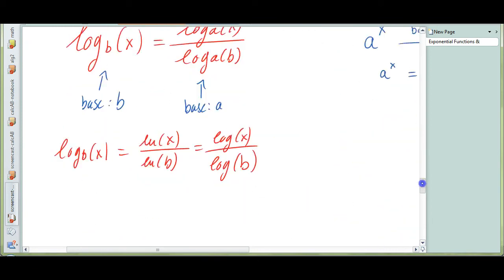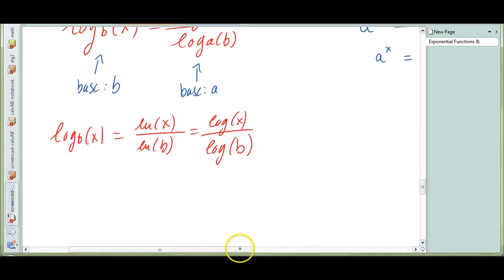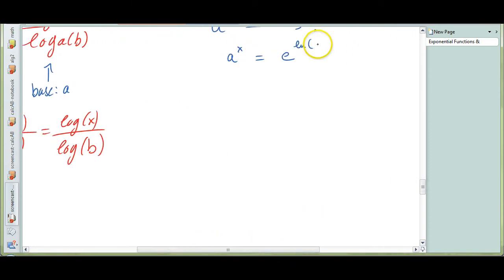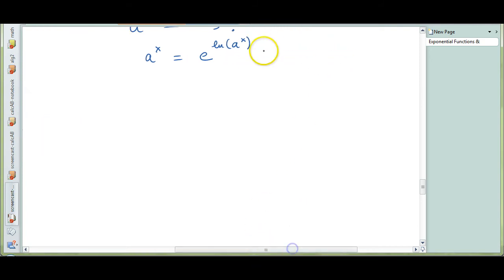Except that x this time is a to the x. So e to the ln of a to the x. Now use the rule for the power: you take the x and you put it right in front. So it's e to the x times ln a. That's it. What is this right here?